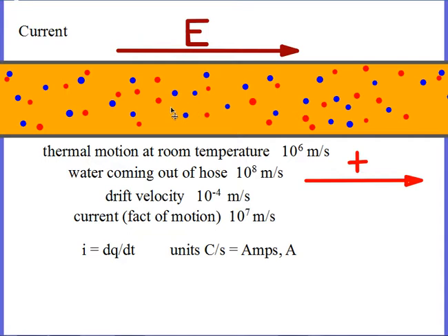I think the problem is that if this was a wire, and you took the wire and bent the wire around like that, the current flowing through this wire, these would not constitute accelerations.